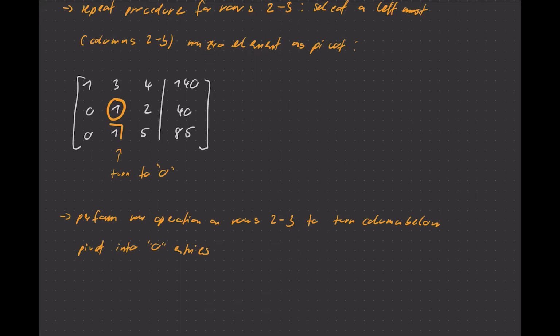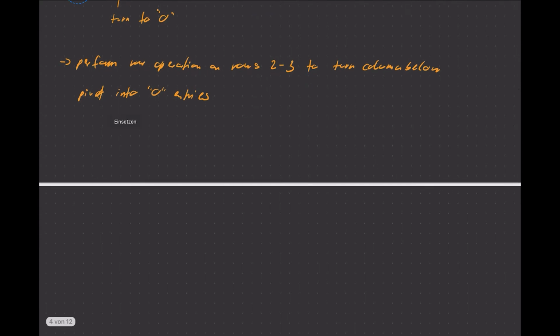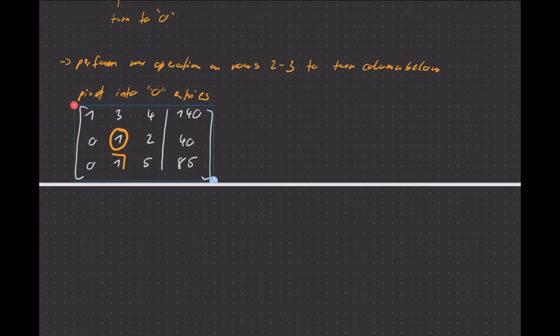And that's just one row operation that we have to perform here. So do that again. In this case, there's this row left with a 1 entry, and here's a 1 entry as well. So we just need to subtract that second row, or add a multiple of -1 times the second row.